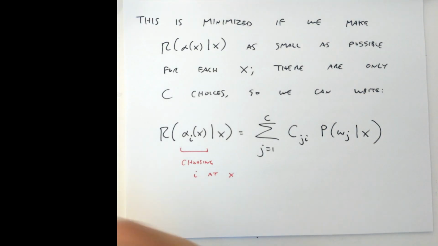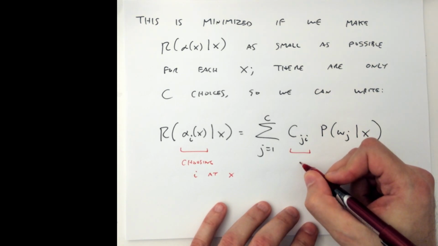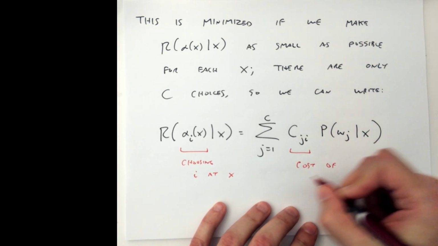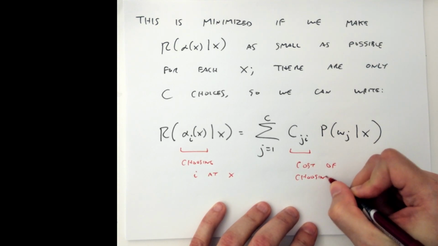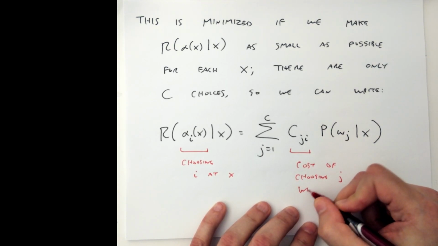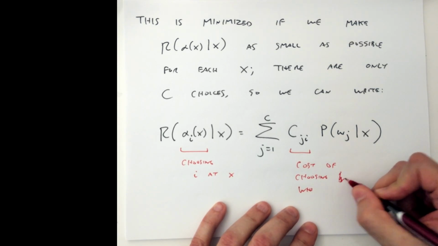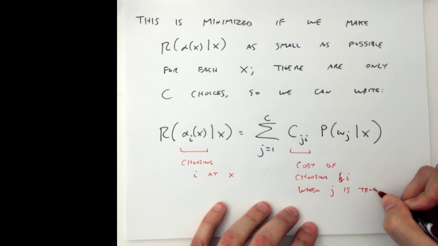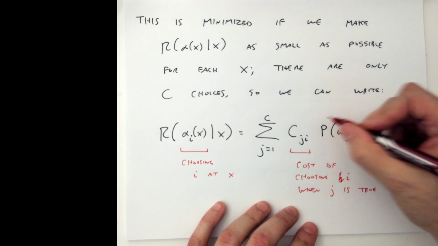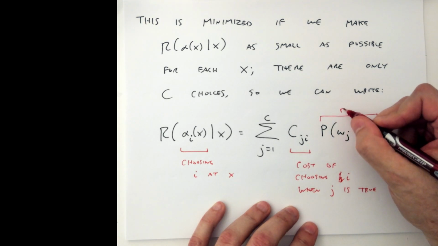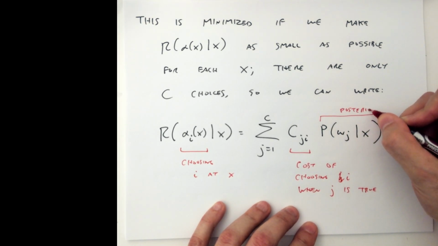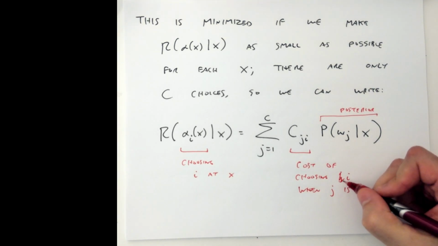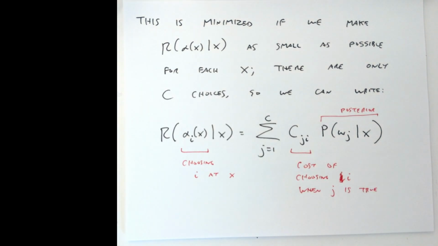So here, this is the cost of choosing i when j is true. And then this here is the posterior probability of j.